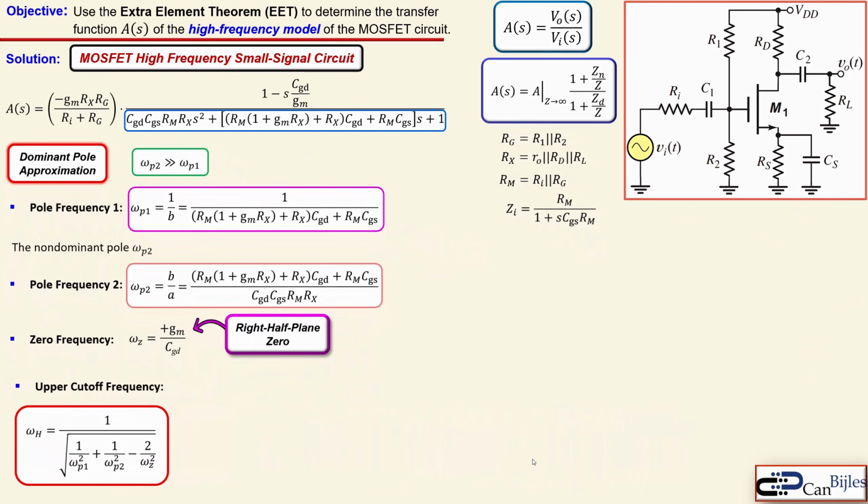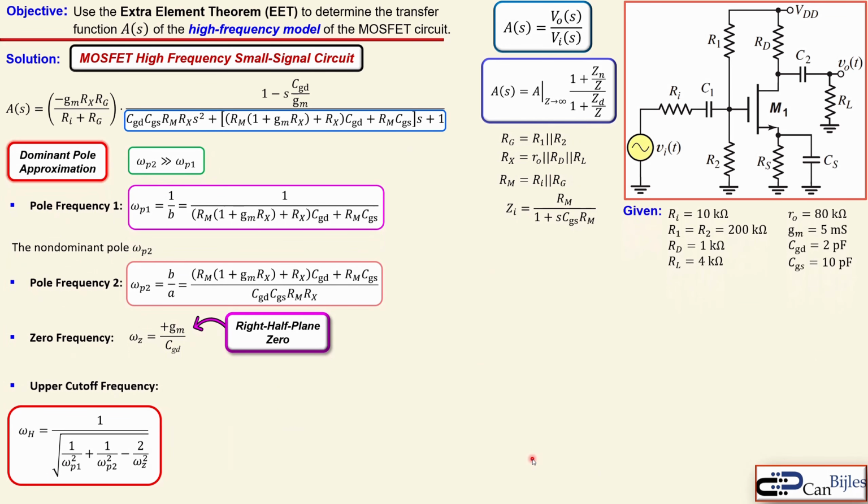Now, let's bring everything together. It is of course important to see the numbers, so I will use some numbers here for Ri, R1, R2, etc. I also have the parameters for my MOSFET, RO. The GM I will use for this MOSFET is 5 millisiemens, just as an example. CGD and CGS are parasitic capacitances in the high frequency domain, 2 picofarads and 10 picofarads.